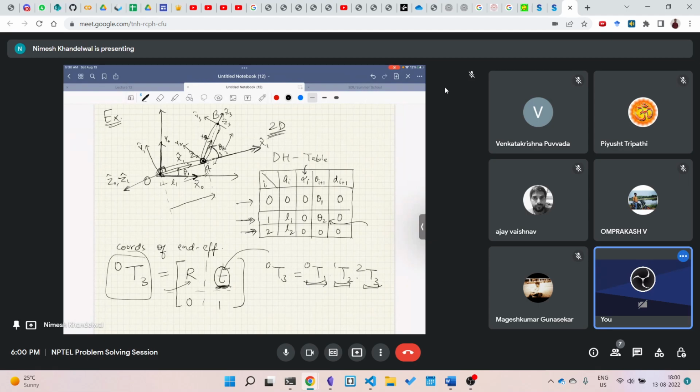You multiply them, you will get this T30. Then you just extract the translation part from this matrix, and that will be the forward kinematics. Since the session time is over, I will not do it by hand for now, because it would take much more time.